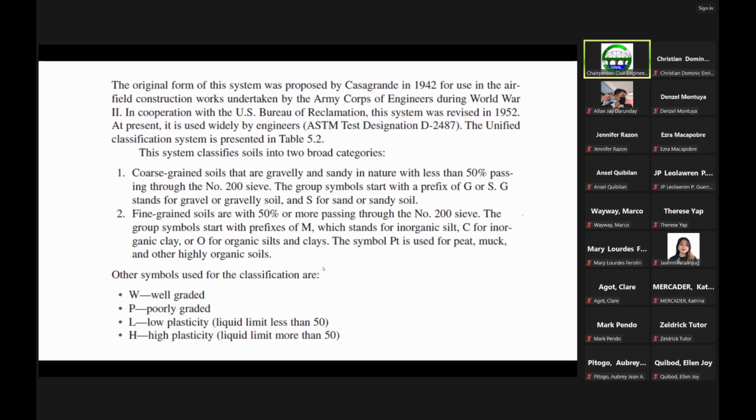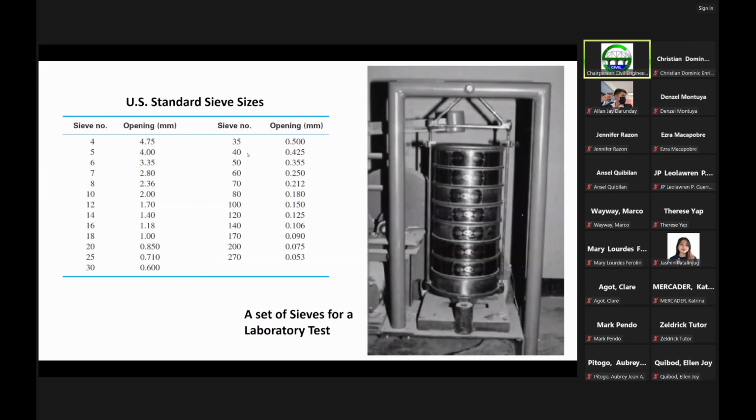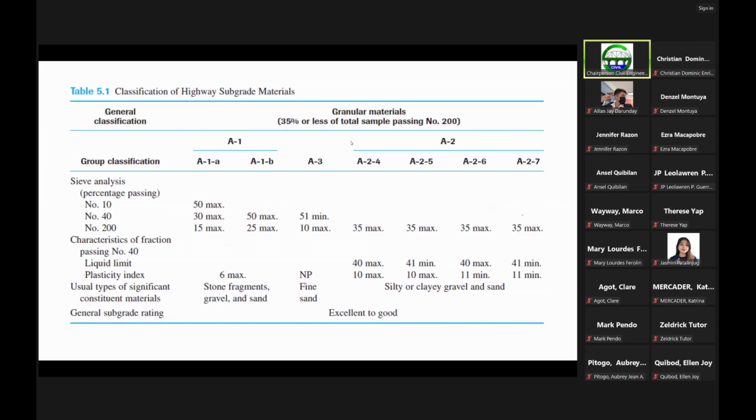In this system, we basically have two general types: the coarse grain soils and the fine grain soils. The coarse grain soils are the gravelly and the sandy in nature, with less than 50% passing through the number 200 sieve. Earlier, for AASHTO, the criterion for passing the number 200 sieve was 35% above and below.